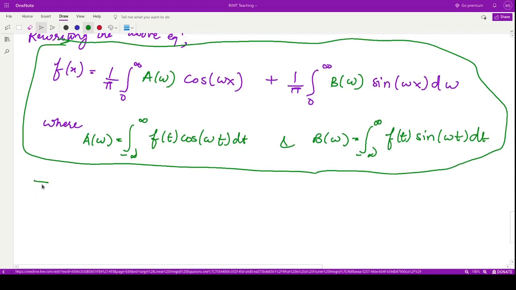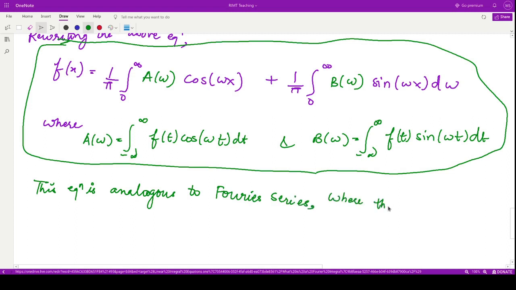So you can write that this equation is analogous to the Fourier series, where the sums are now replaced by integrals.